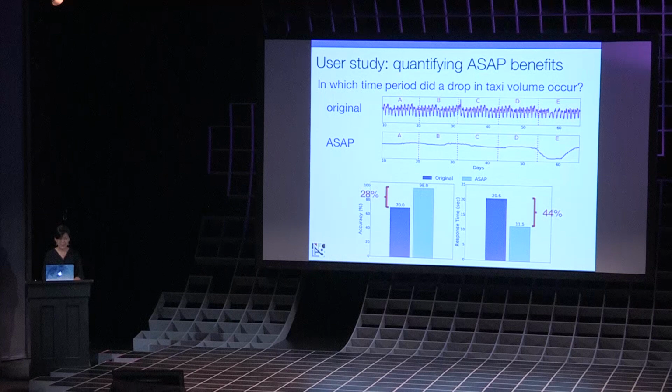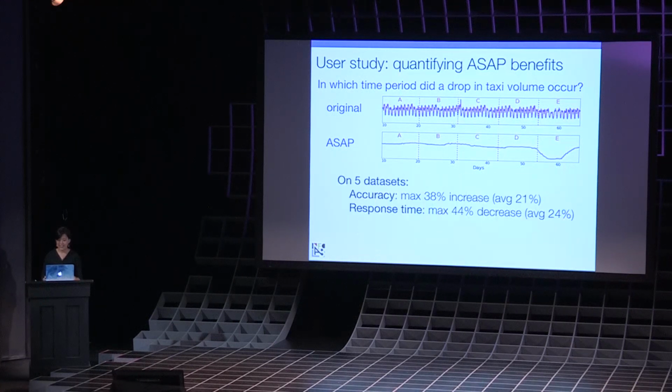We tried a similar user study on 5 datasets, and on average we see a maximum 38% increase in accuracy, an average of 21%, and a maximum 44% decrease in response time, an average of 24%. So this really tells us that if your data is noisy, you should consider some amount of smoothing.